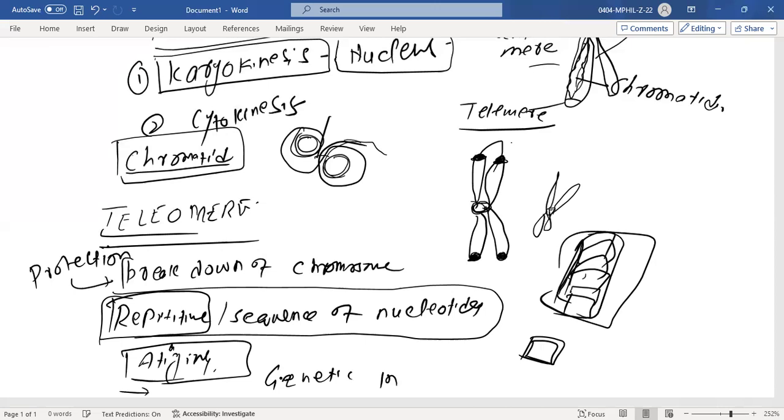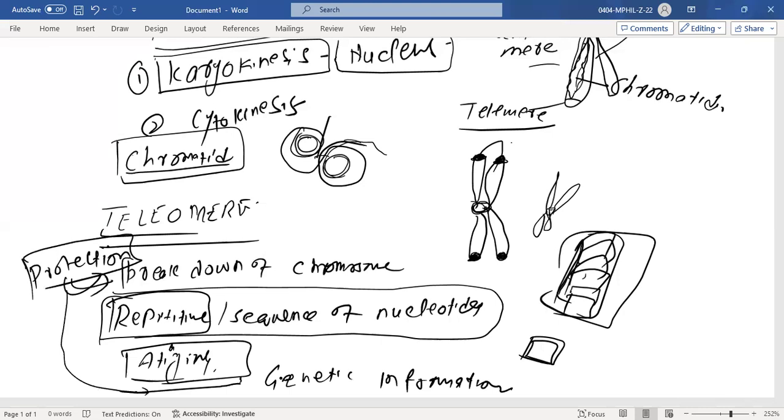Remember, loss of genetic information. That work is the same, actually; it is providing protection. This protection may be to stop this breakdown, or not to let this chromosome be broken down. And the second function is that it helps to protect the genetic material.